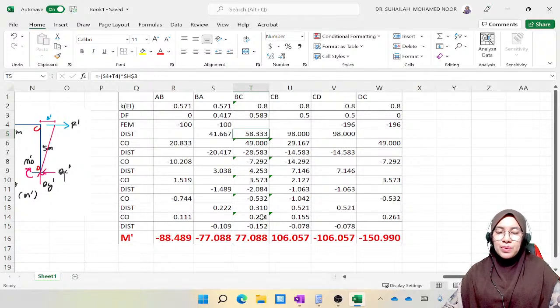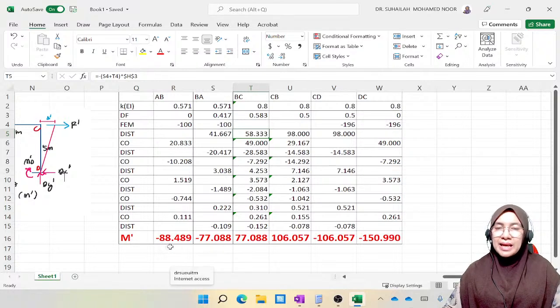So we get like this. For AB we get negative 88.49, and then negative 77.09. One negative, one positive, representing MB equal to 0. And then we have MCB plus MCD equal to 0, one positive, one negative.